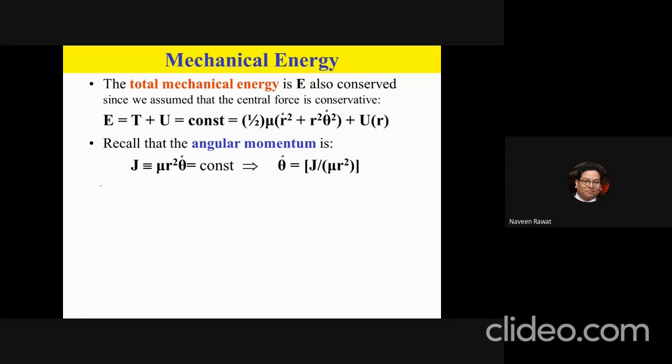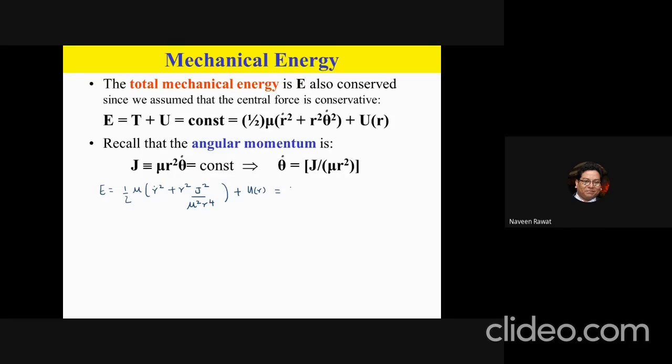So I can write an expression for energy as 1/2 mu times r dot square plus, now I have r square and I have theta dot square. So that would mean I have J square by mu square r to the power 4. So I'm squaring this term right here. And then I have a potential function here. Now I can cancel some of these r's.